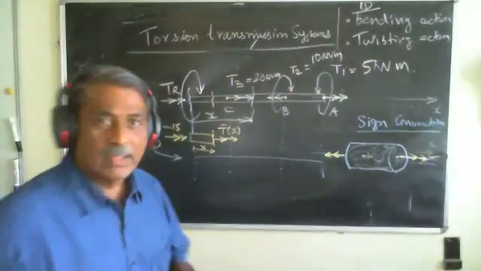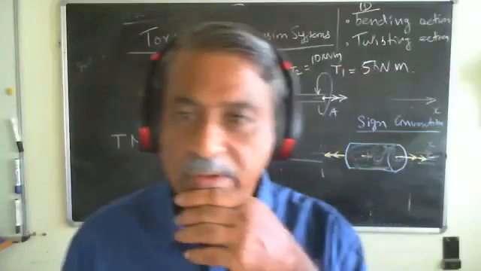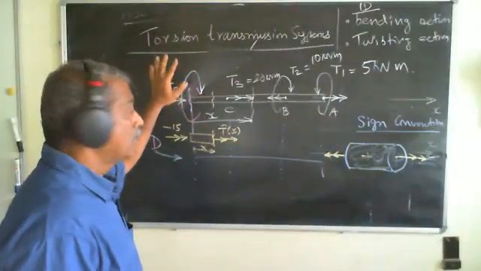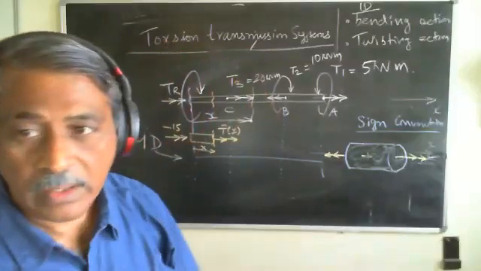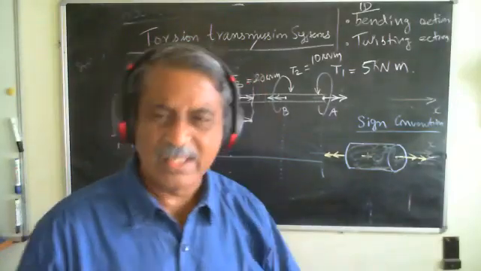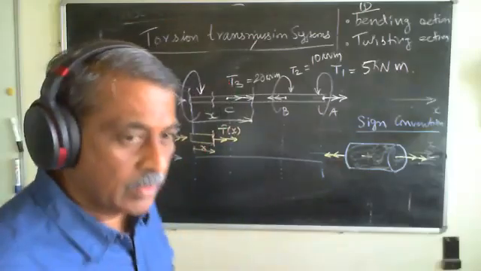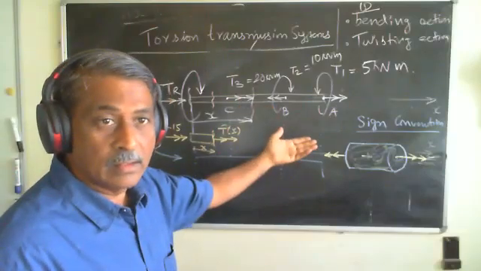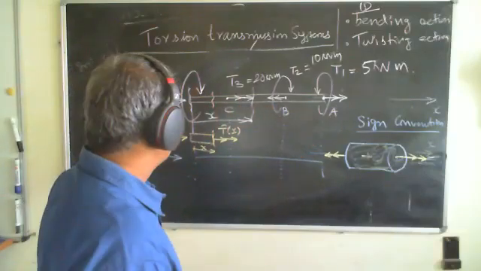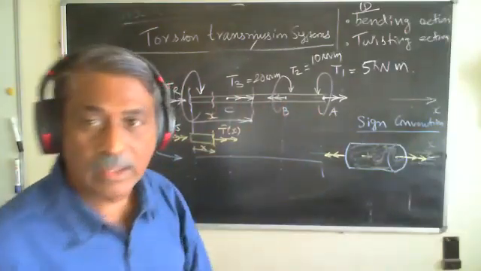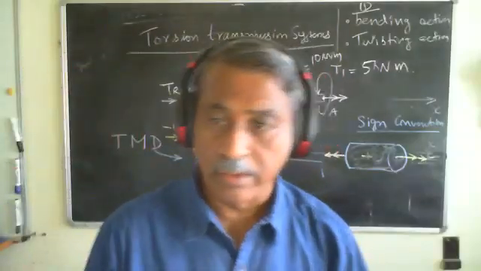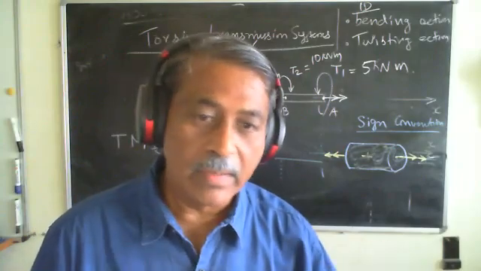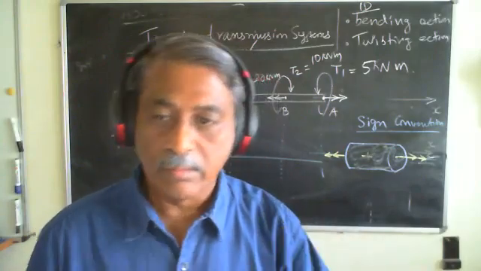Okay. Well, in the last class, we were discussing torque transmission systems, and we warmed up by trying to find out what would be the internal force resultant, provided the external torques are given. The internal force resultants we named twisting moments.